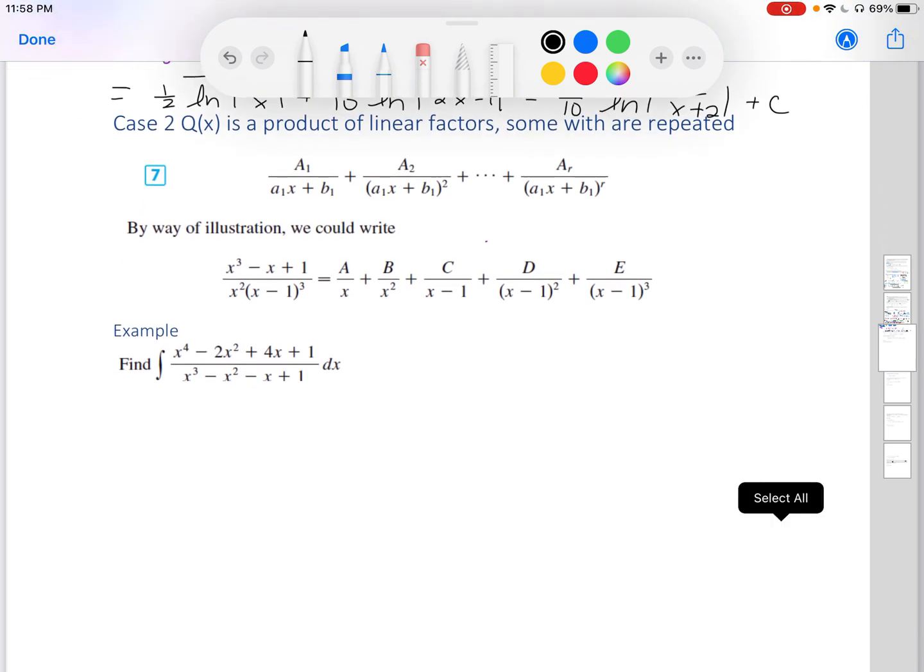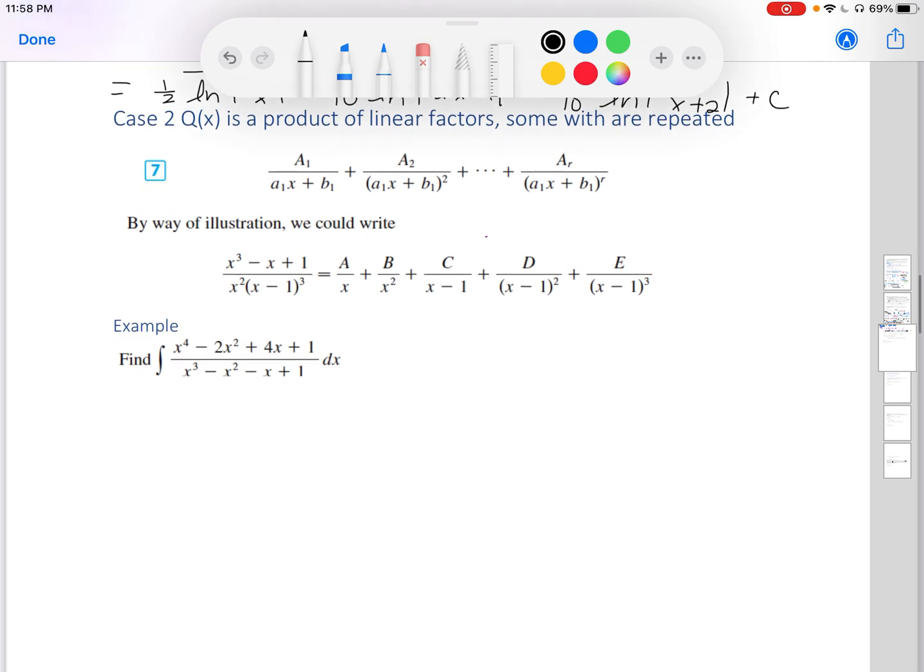Now with each one, we mainly have to see different examples using different denominators. Let's take another case. Let's say we have different factors, or different powers, of the same denominator. So as we see here, we have x squared and x minus 1 cubed.